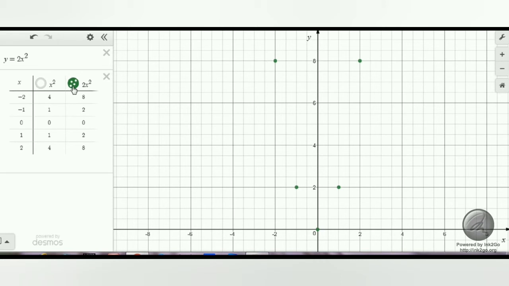The points are negative 2, 8, negative 1, 2, 0, 0, 1, 2 and 2, 8. This is the graph of the function y equals 2x squared.